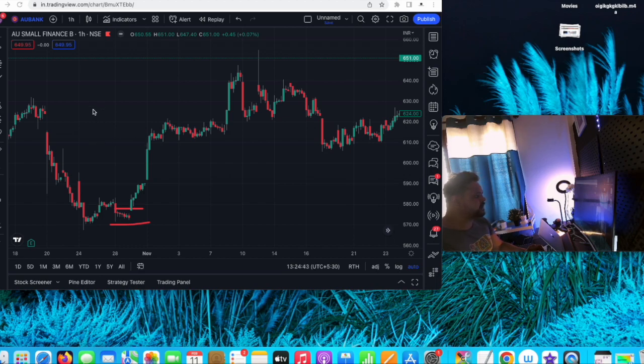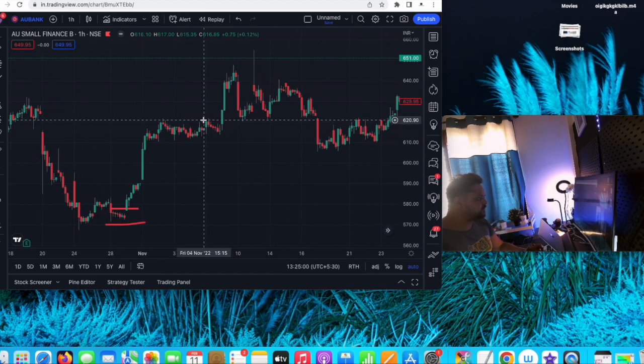If you already know about scanners, there are different kinds of scanners available and you can customize them in the UI. But the problem is you will not be able to find the kind of breakouts that you want, right? Small candles in the same line. There are so many calculations.